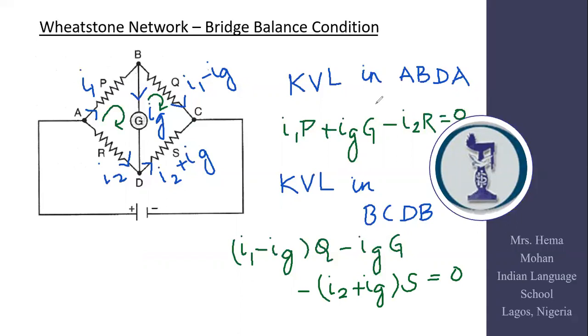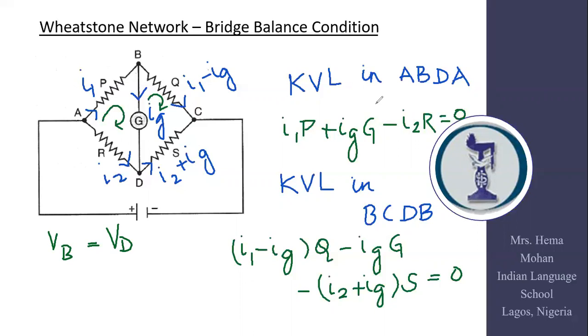Now look at the topic of this particular slide, which says bridge balance condition. Now, what is the meaning of bridge balance condition? This particular bridge is considered to be balanced if the potential at B is going to be equal to the potential at point D. What happens when VB and VD are the same?